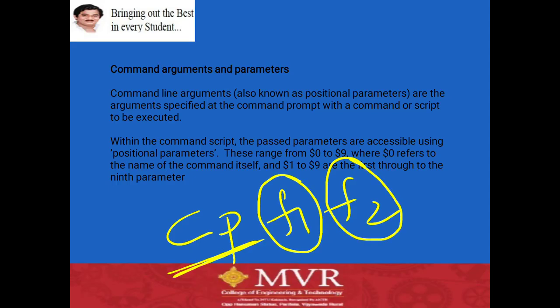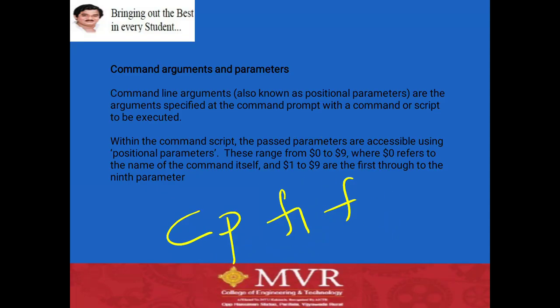These are called arguments. So arguments are nothing but the things which are supplied to a command to execute successfully. It's very simple. Within the command script, the passed parameters are accessible by using positional parameters. So these arguments can be accessed by using positional parameters.